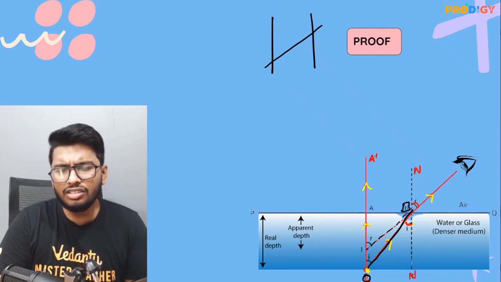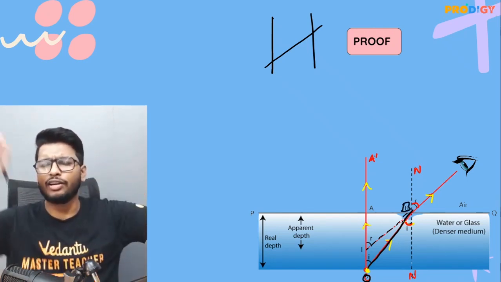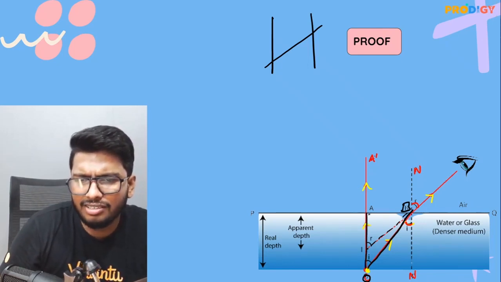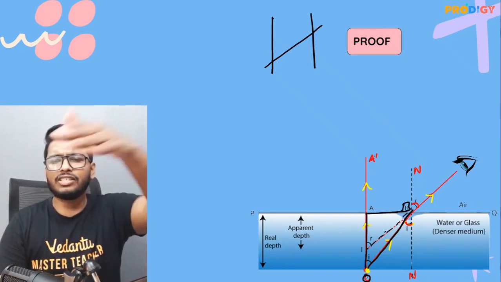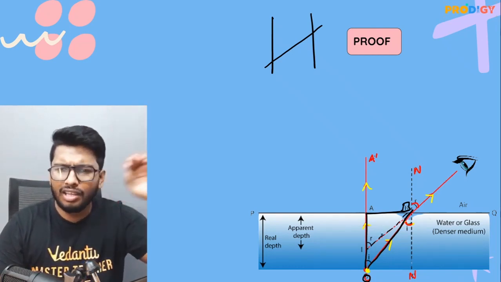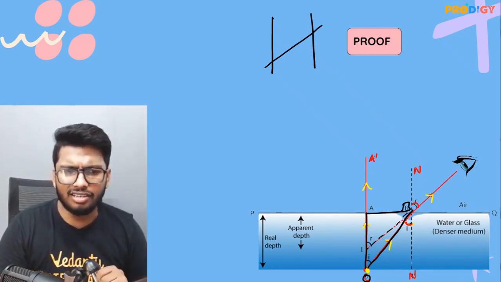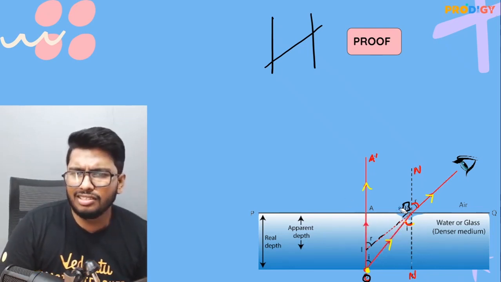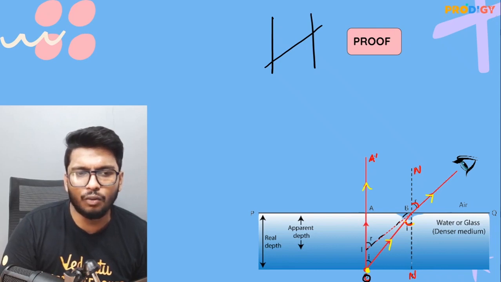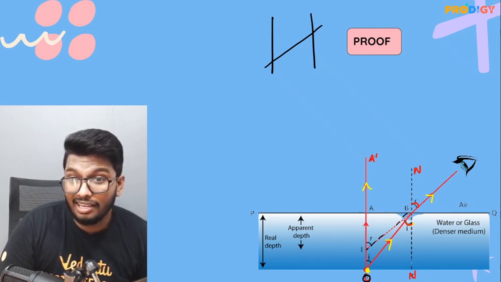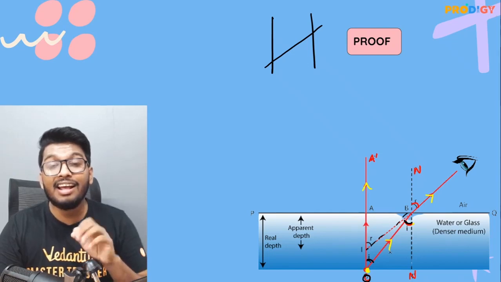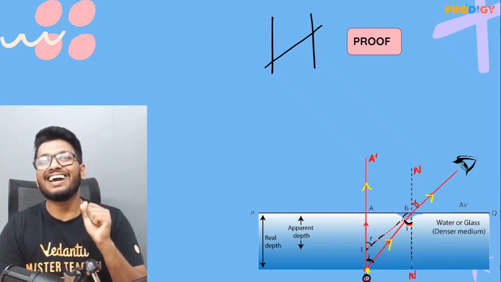OB. If I look at this line OB, this ray of light OB, if you look very carefully, it basically forms a right angle triangle, doesn't it? It basically forms a right angle triangle, which is nothing but AOB. Now, if I just forget about the right angle triangle for a second, ignore it for one second, and just look at these angles alone, you can see that this angle I and this angle O, that is AOB and ABN, are both alternate interior angles, right?